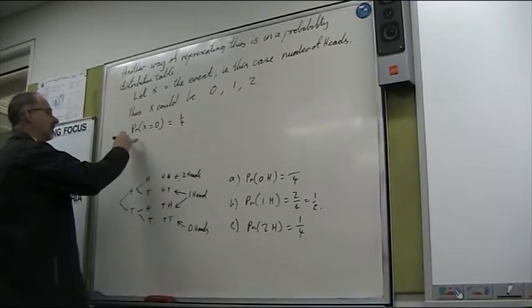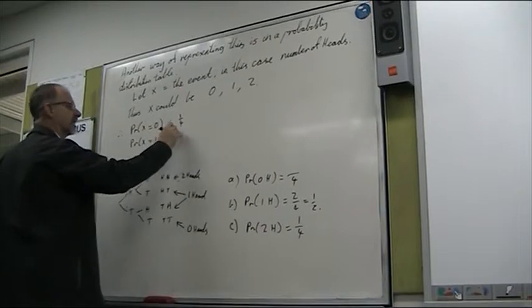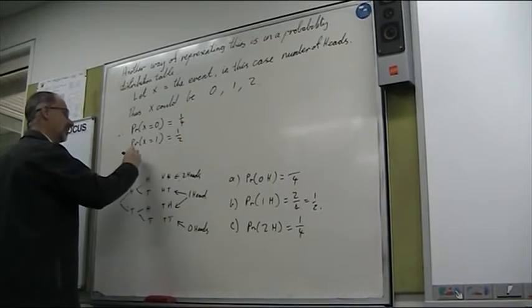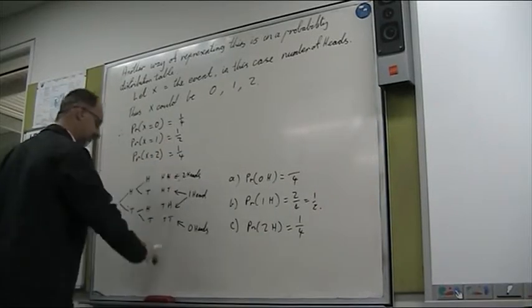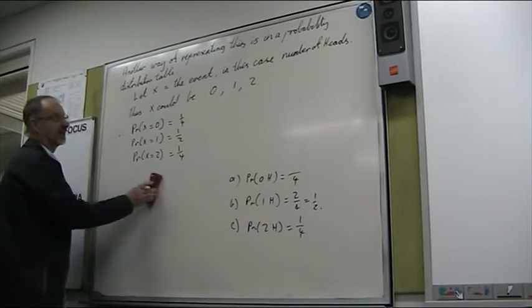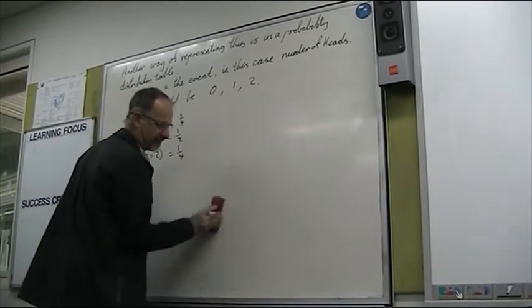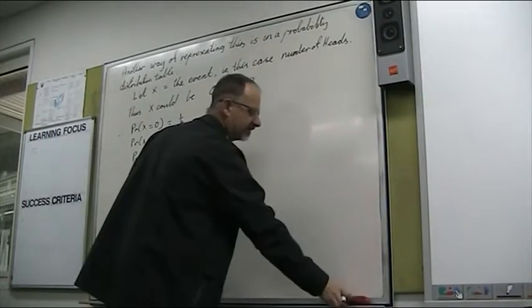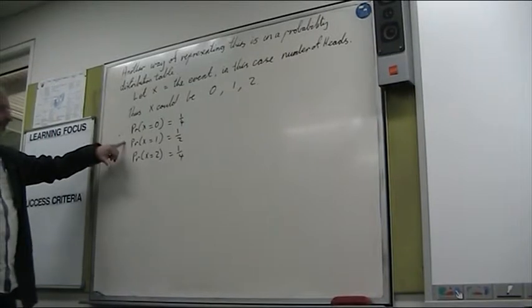And the other one, the probability that x is 1 head, we'd say that's a half, and the probability of 2 heads is 1/4. So it's another way of writing it, and in terms of discrete random variables and other stuff that we're going to be looking at, this is the way we're going to write it.